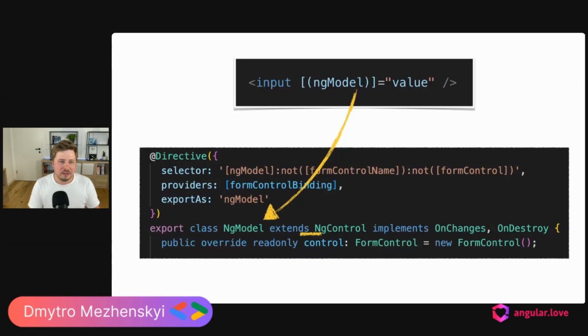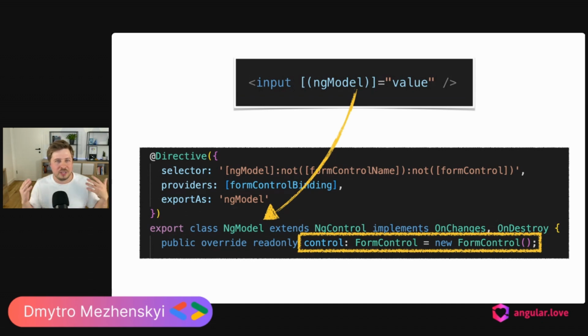But if you have a look at the source code of ngModel, you will see that literally the very first line in the corresponding directive class has a property where we create, under the hood, the corresponding FormControl model. So it happens implicitly and automatically by Angular, so you don't have to instantiate it manually as you do in reactive forms.